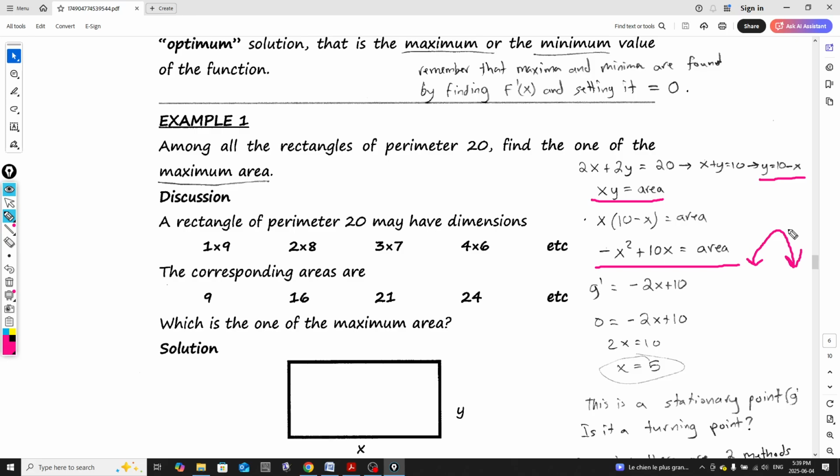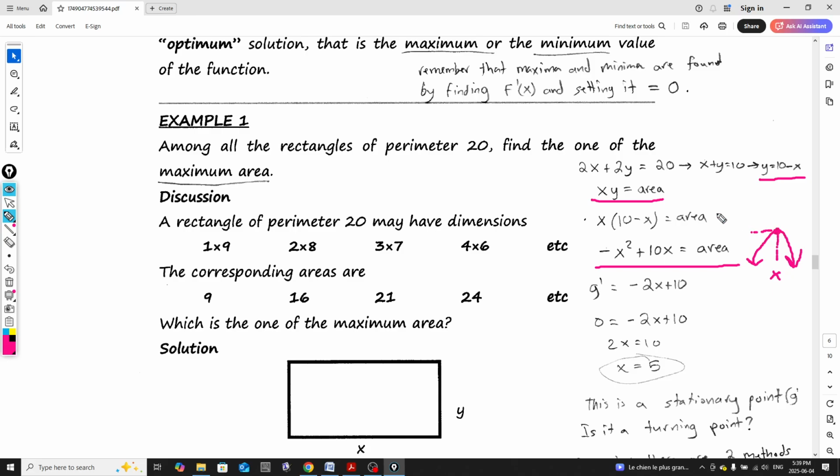What I want is to figure out this point right here, because at that x value, my area, my y value, is at its highest point. That's where my area is a maximum.